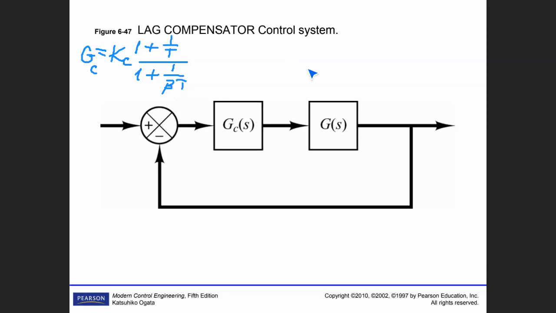But since beta is higher than 1, the zero we are adding is away and the pole is somewhere there. So we are adding a pole and we are adding a zero.